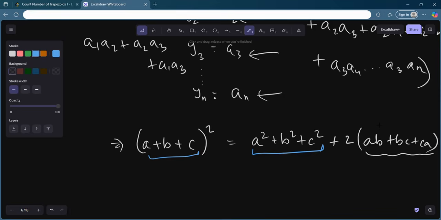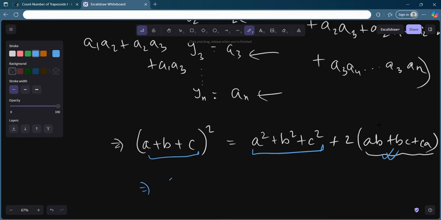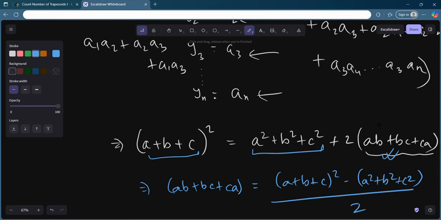This is also calculatable in linear time, so this should also be calculatable in linear time if I just subtract these two and divide the whole by 2. What I am trying to say is that can't I write ab plus bc plus ca as a plus b plus c whole square minus a square plus b square plus c square, whole divided by 2, okay.